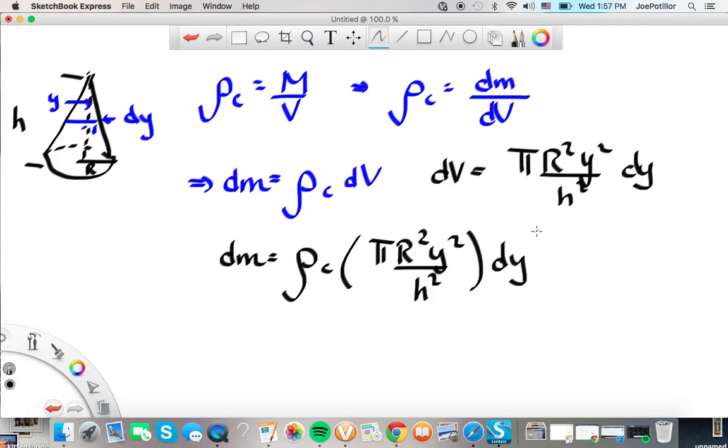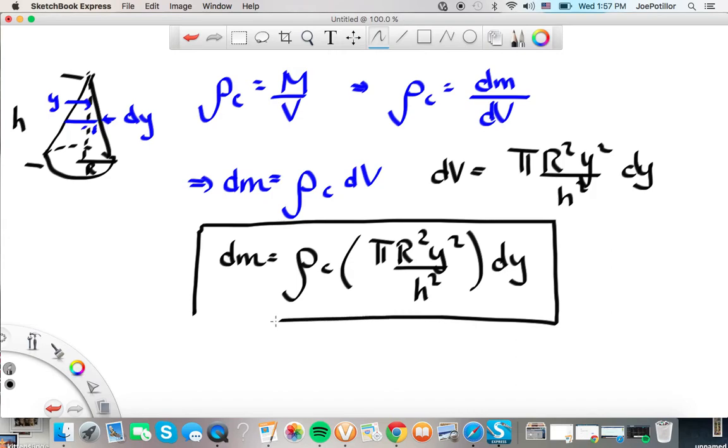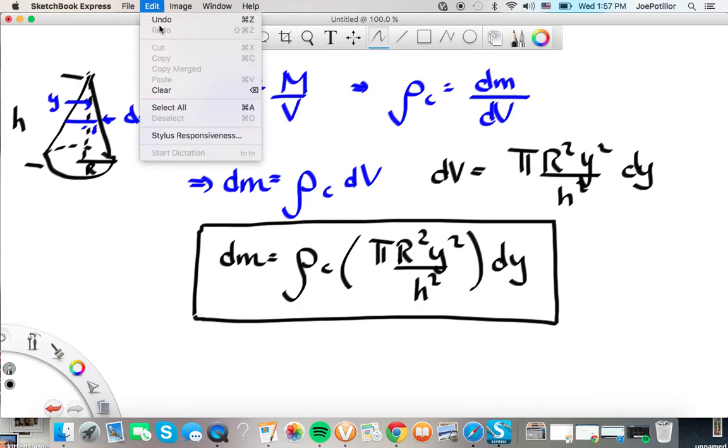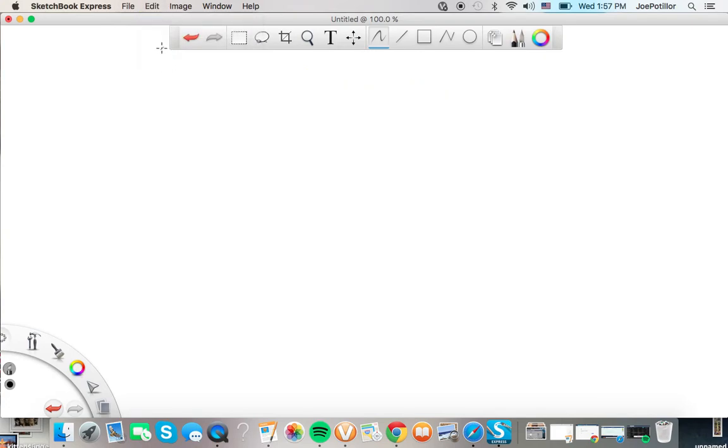Okay, everybody following so far? Now that we have this expression here, we can use this to find the center of mass for us. Okay, so the center of mass will be related all by this equation here.